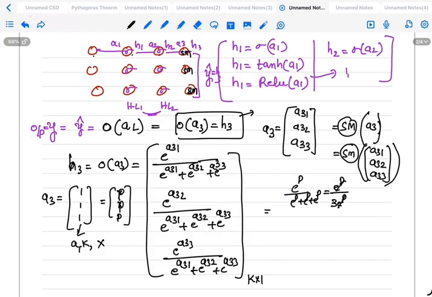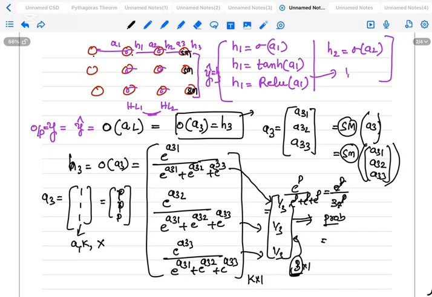If e power p cancels, it is 1 by 3 for this element, 1 by 3 for this element and 1 by 3 for this element. It is a matrix of size 3 cross 1. All these are softmax values, right?